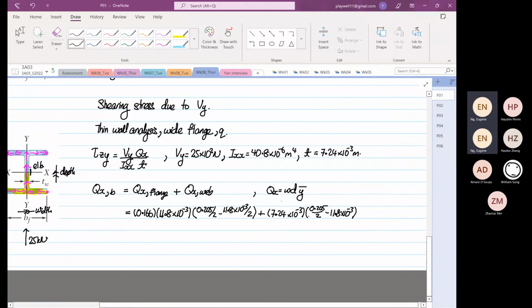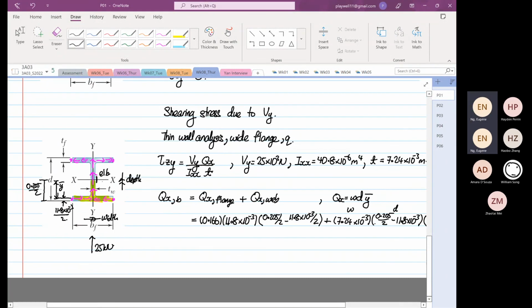So this is our width, depth, and then the y bar is 0.205 divided by 2 minus 11.8 times 10 to the power minus 3, and just multiply by half. So that is the section. This is our web. So this is the y bar now.